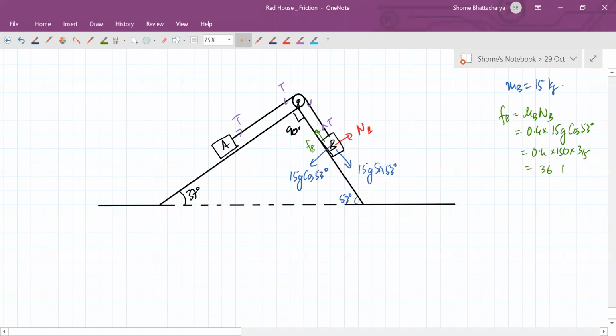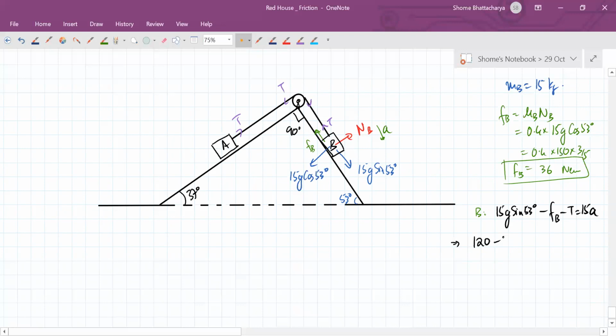So this will be 36 newtons, the friction on B. So for B, the equation of motion becomes: weight's sine component minus friction minus tension is equal to 15a, mass into acceleration. So this becomes 120 minus 36 minus the unknown tension T is 15a. This is our first equation.